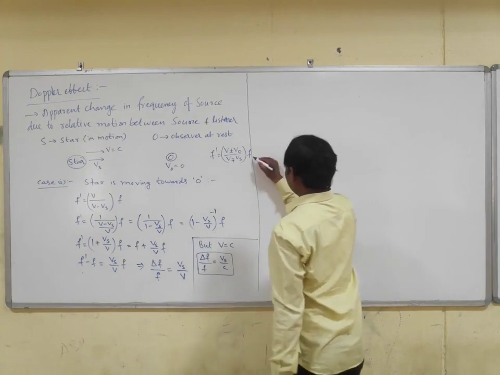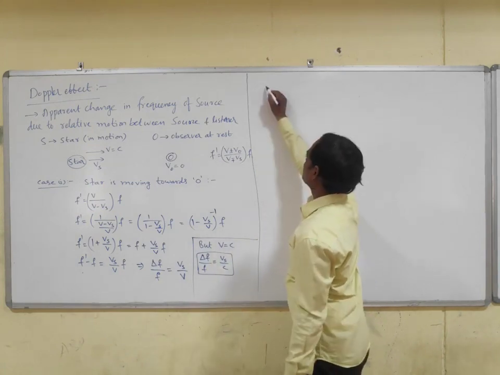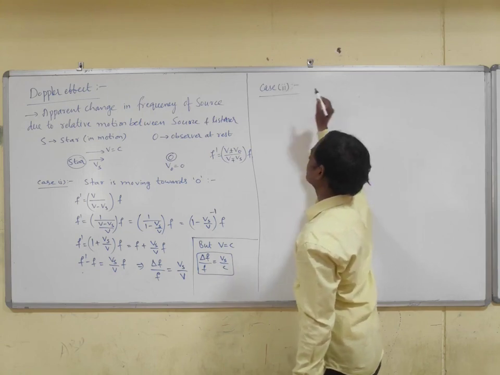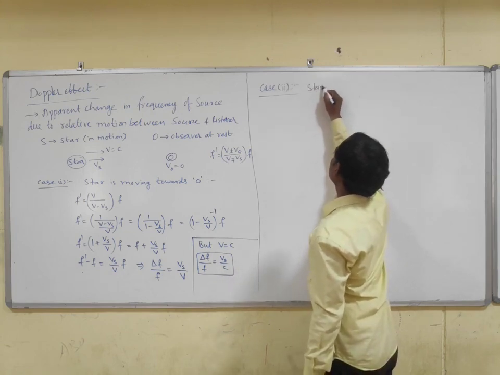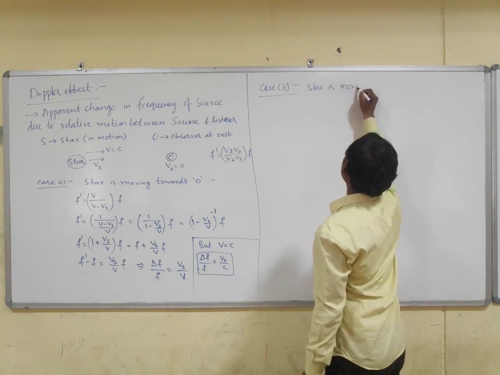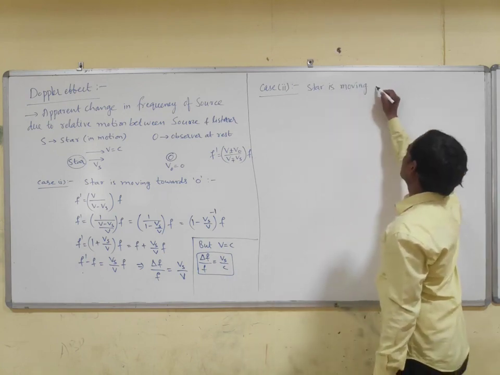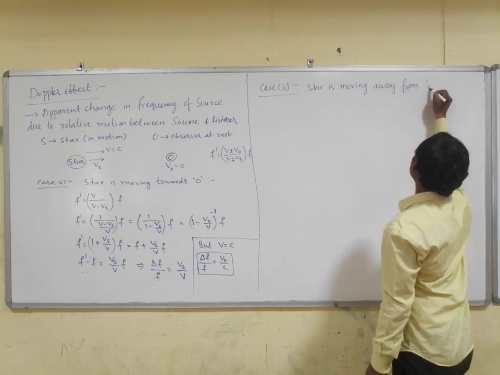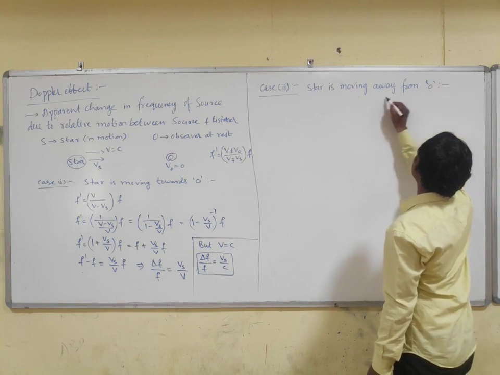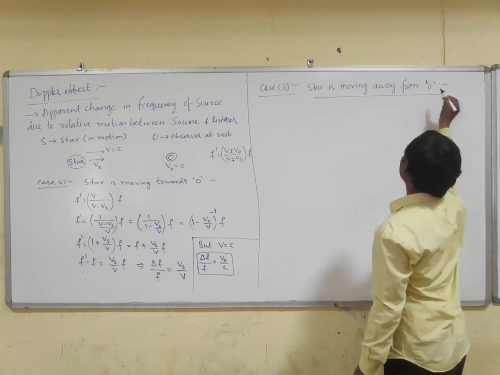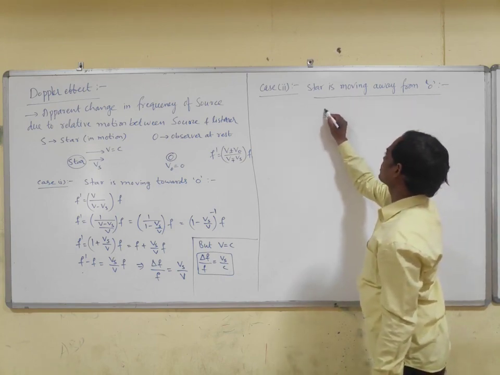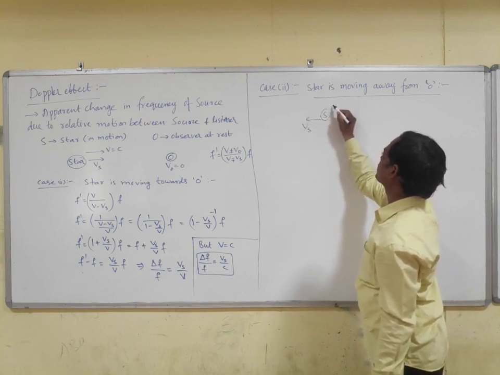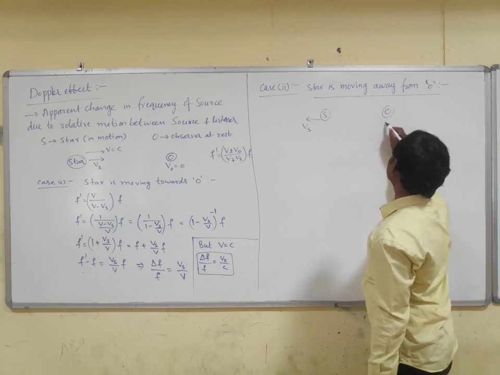Now case 2. Star is moving away from the observer. So the diagram will be like this. Star is moving away from the observer, and this is the observer position.